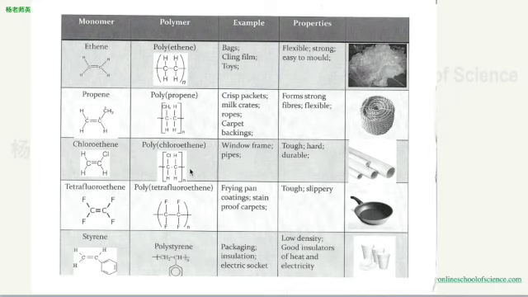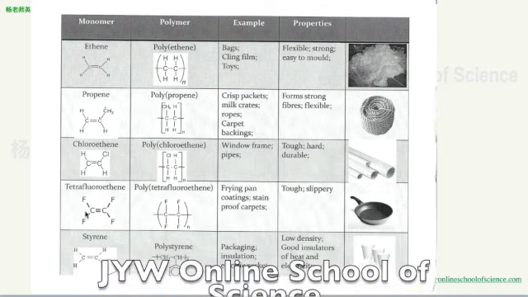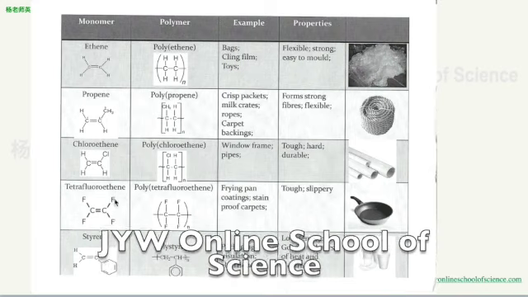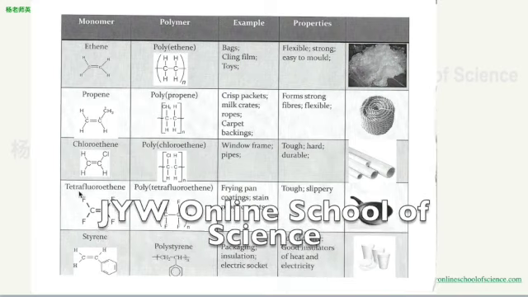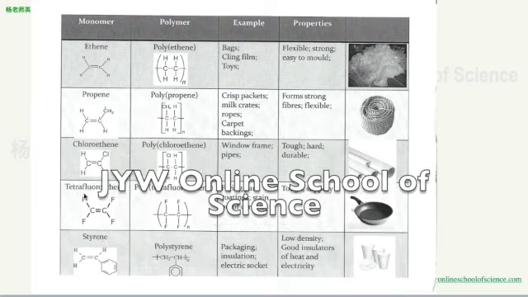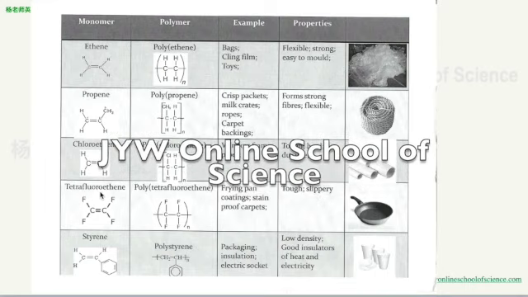And this kind of polymer is very good for window frames and water pipes because they're very durable, tough. And this one here, you have 4 fluorine. 4 means tetra. Tetra means 4. 4 what? 4 fluorine atoms.